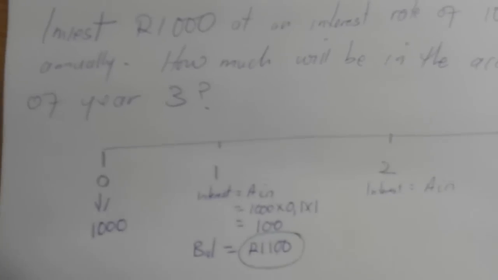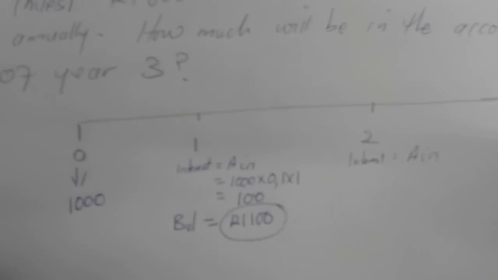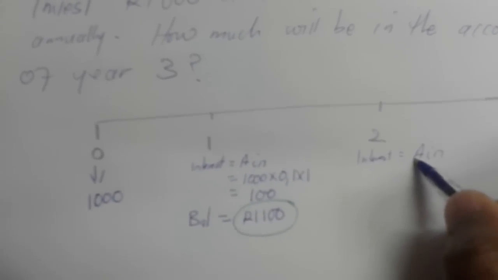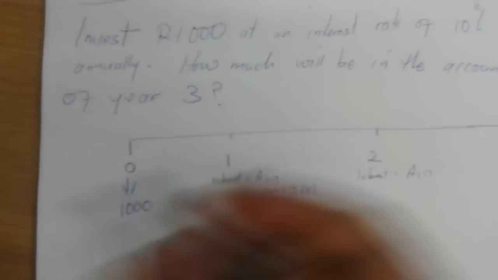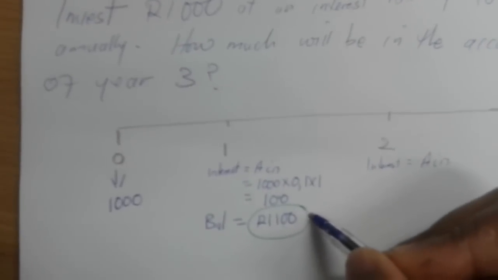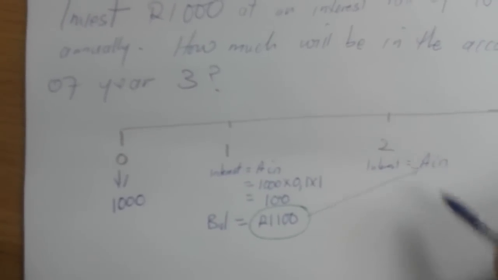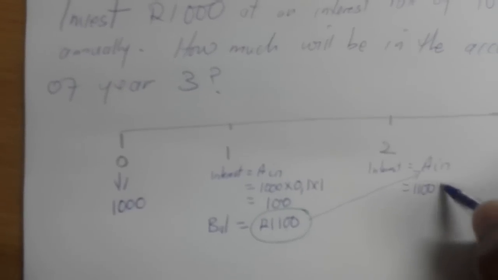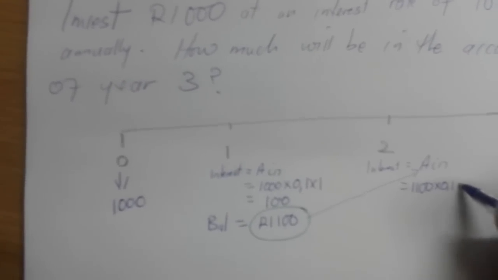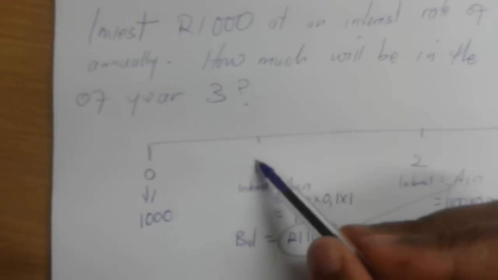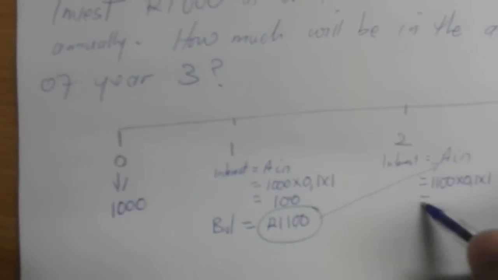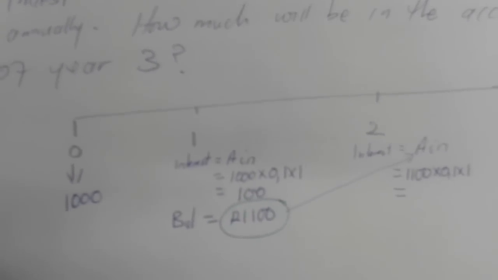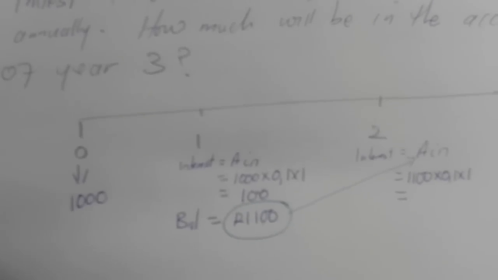But the difference now is your A is no longer the 1,000 like under simple interest, but the 1,100 now becomes your A. So this is equal to 1,100 multiplied by 0.1 multiplied by 1, because again it's only 1 year, and then your answer is 110.